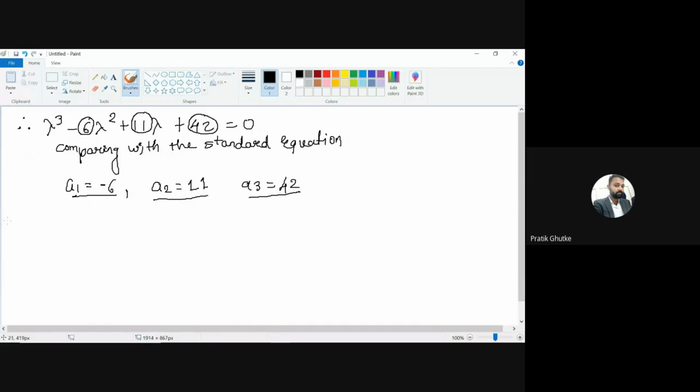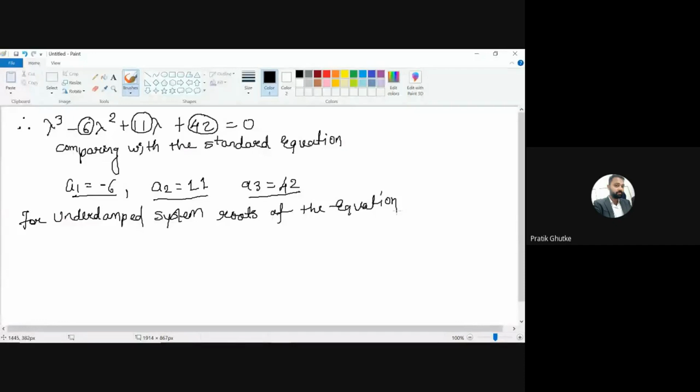So for an underdamped system, the roots of the equation. How to find the roots for this underdamped system?